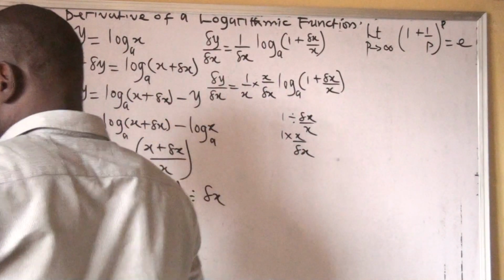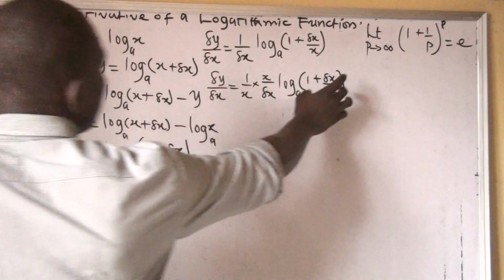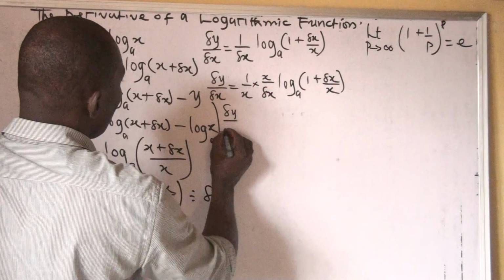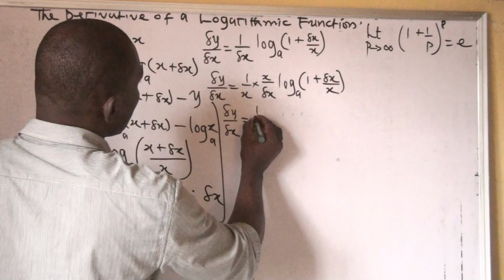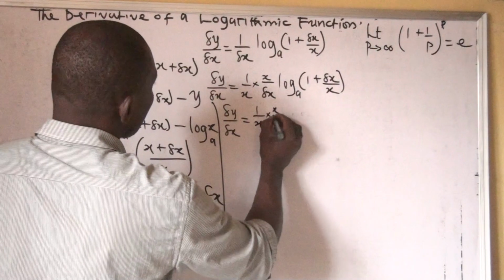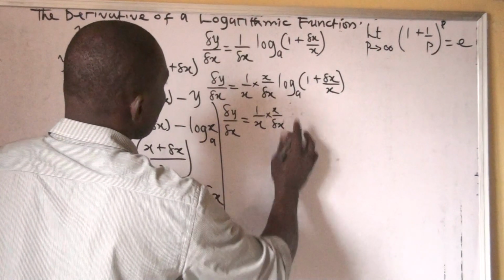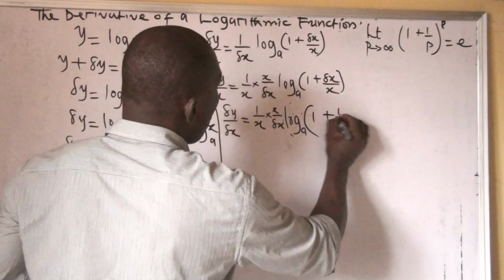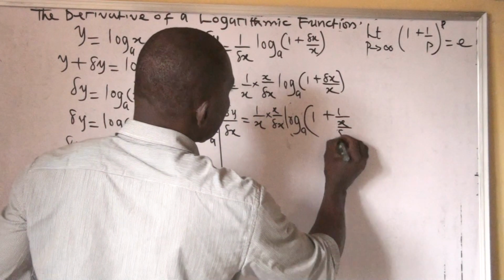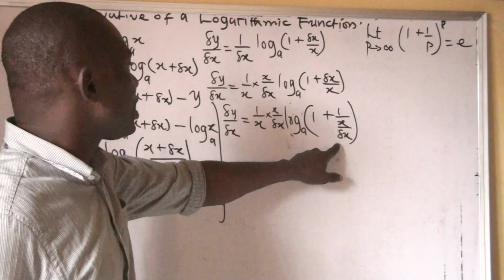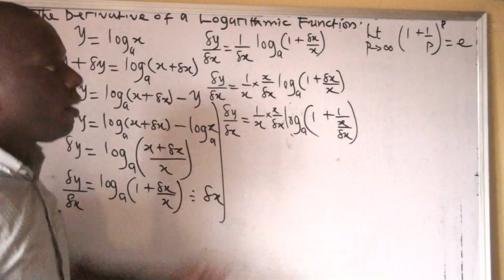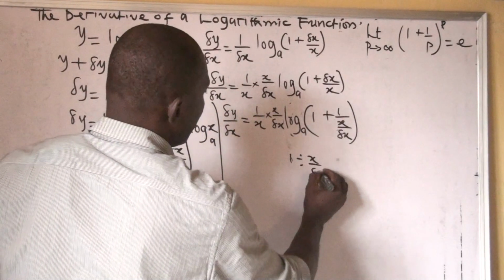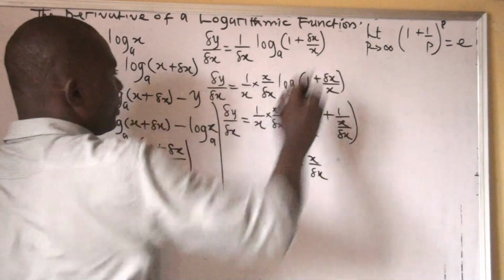So we do some transformation on this bracket: it becomes log to base a of 1 plus 1 over x over delta x, because 1 divided by this expression definitely gives us this expression.